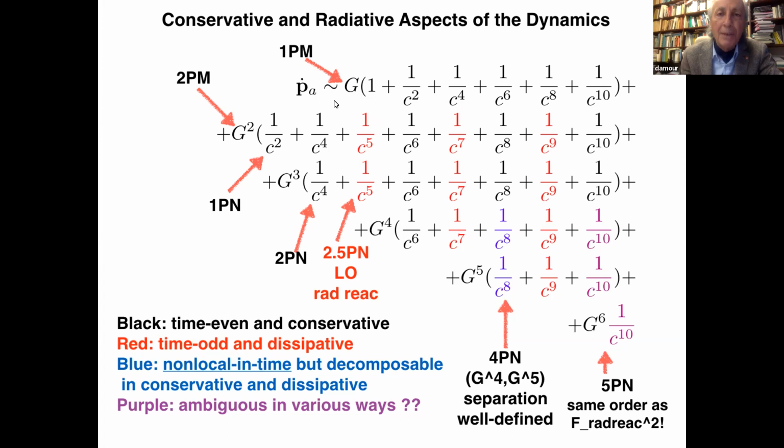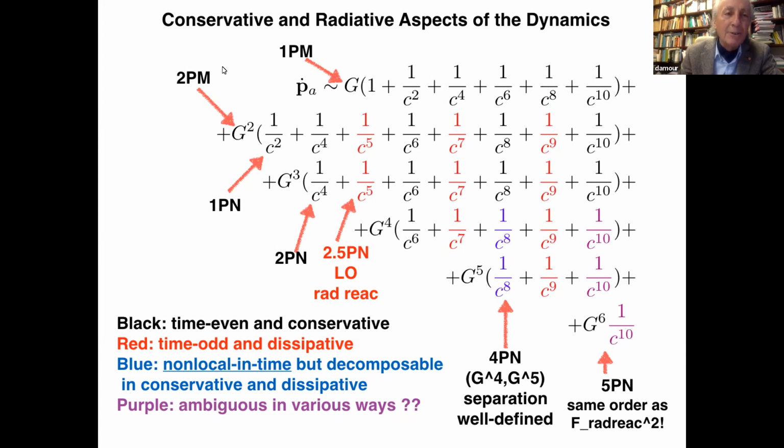Now at the 1PM level, when you write things in the simplest way, this contribution contains only even powers of v over c, and traditionally something which has even powers of 1 over c in post-Newtonian language is called time even, because changing t to minus t changes velocities to the opposite of velocities.